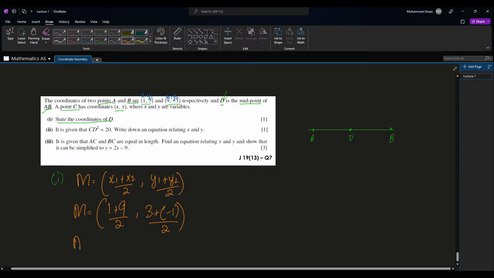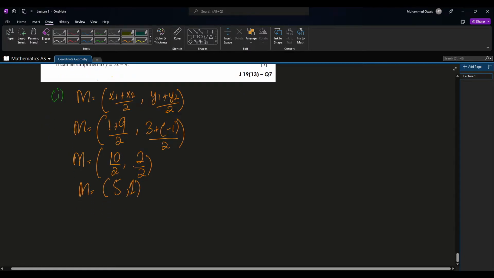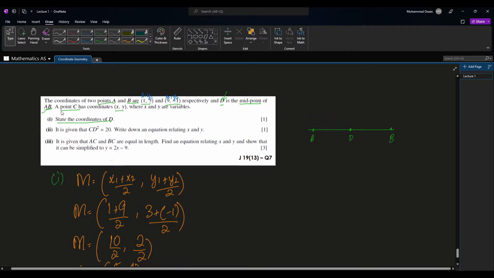Now then, m is equal to 10 over 2, 3 minus 1 is 2, which is 2 over 2. So then, this becomes 5, 1. Therefore, the coordinates of D are 5, 1. See, pretty simple. We just use the midpoint formula to find the coordinates of D because it told us that D is the midpoint of AB.